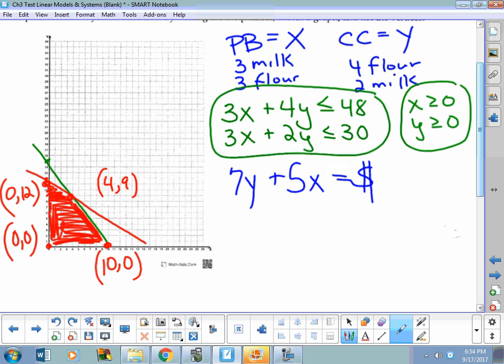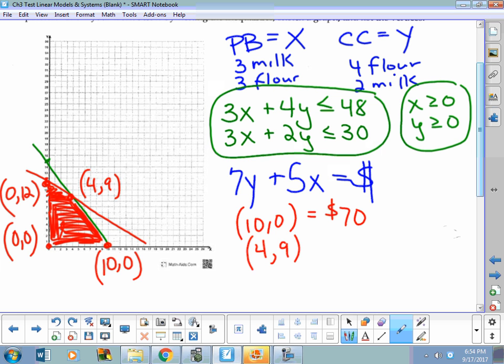And we take each one of these and we plug them in. All right? And we plug in 10, 0. We get out, let's see, we get out $70, right? When we plug in 4, 9, I'm going to get $28 plus $45. All right, little side math here.